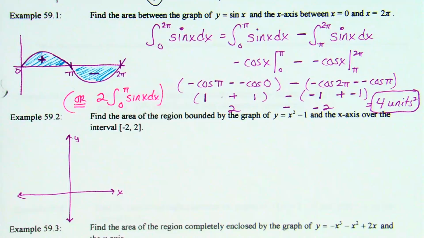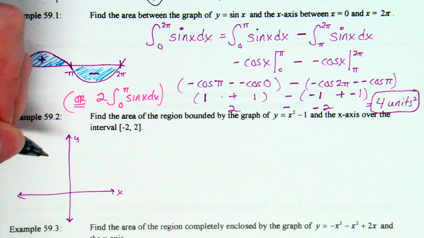Okay, y equals x squared minus 1. What is y equals x squared minus 1? Okay, a parabola moved down 1. And so instead of having the parabola starting at 0, 0, it's a parabola that starts at -1.